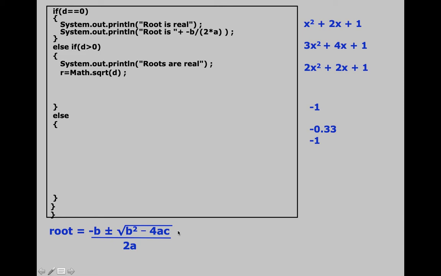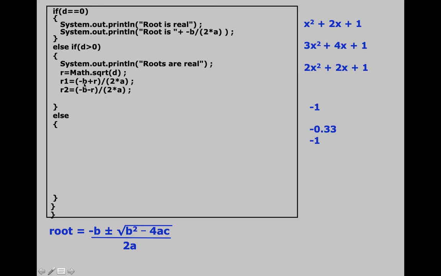So now tell me what will be the first root? Very simple. It will be minus B plus R upon 2A. Look at the mouse pointer. Minus B plus R upon 2A. So look, this is the first root. So obviously, which is the second root? It will be minus B minus R upon 2A. Alright. So over here B is equal to 4.